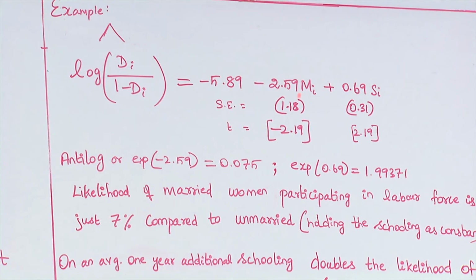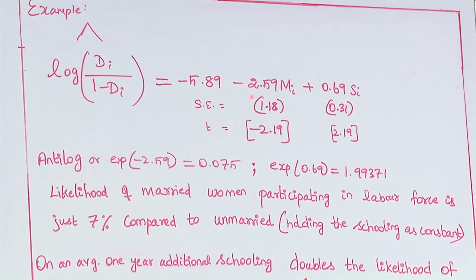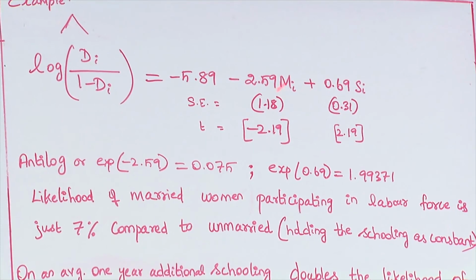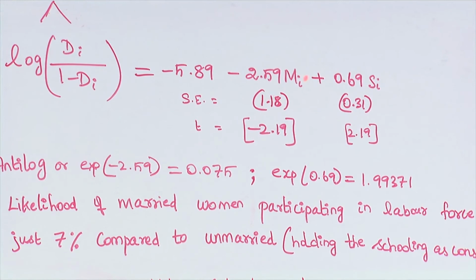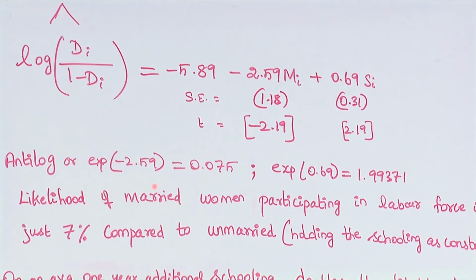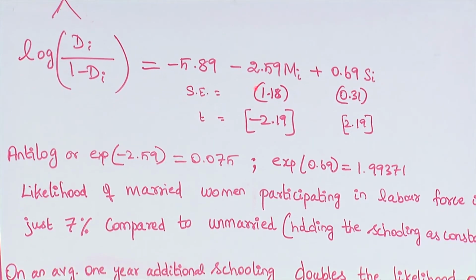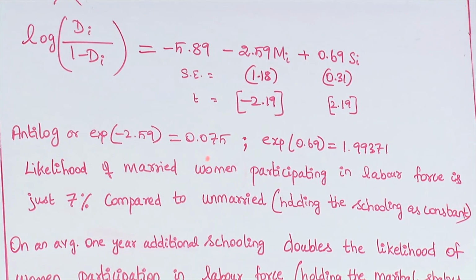Now, how would you interpret these signs and coefficients? This coefficient is the log likelihood measure. To get the likelihood measure, you have to take the anti-log of it. So I am taking the anti-log of minus 2.59 and the anti-log of 0.69, and that will give you the likelihood.